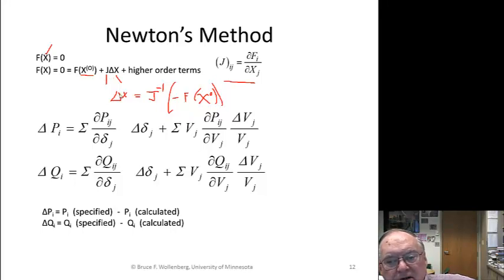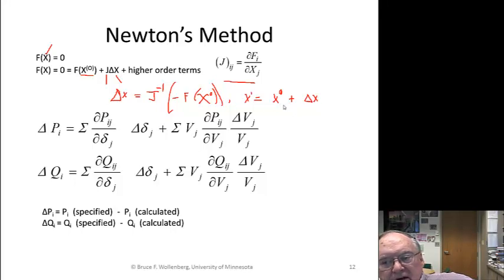I solve it for delta x, and then I say, okay, x1 is equal to x0 plus delta x. And now I go back and solve it again, only I take f of x1, and I get a new J. This is a function of x, and I get a new delta x, and then I get delta.